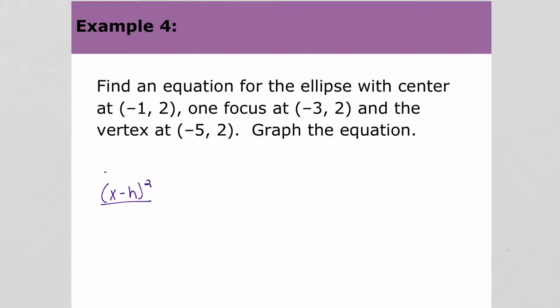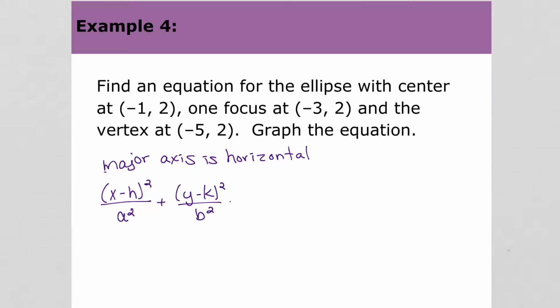Let's write that down. So x minus h squared over a squared plus y minus k squared over b squared equals 1.